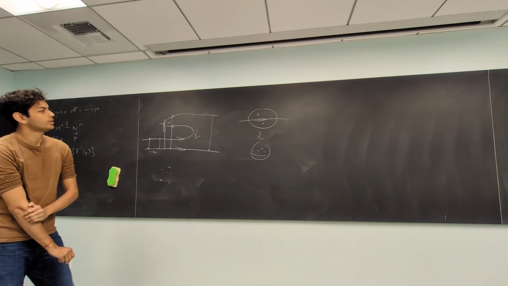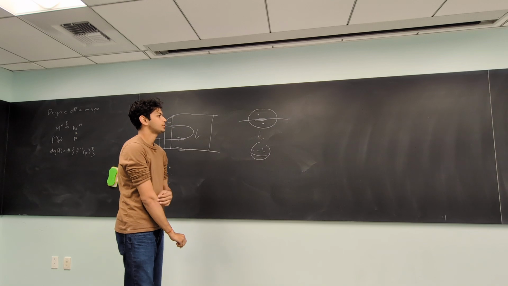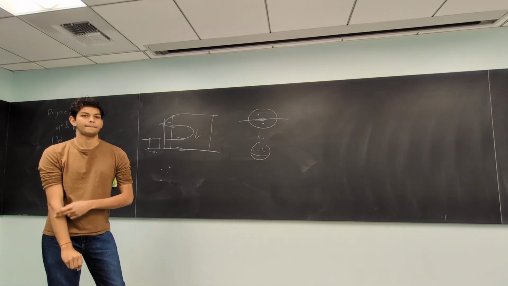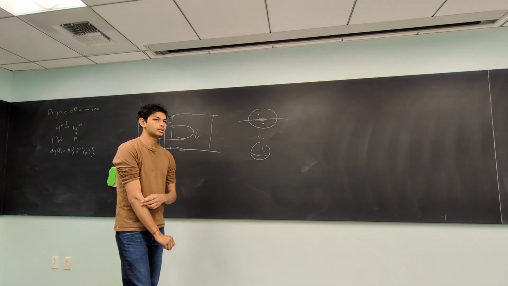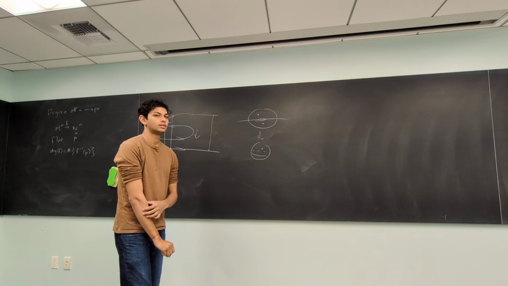So is there any point which does not have two pre-images? Yeah. Would it be on the boundary? What do you mean by the boundary? Like at the point where the line is intersecting the dome.